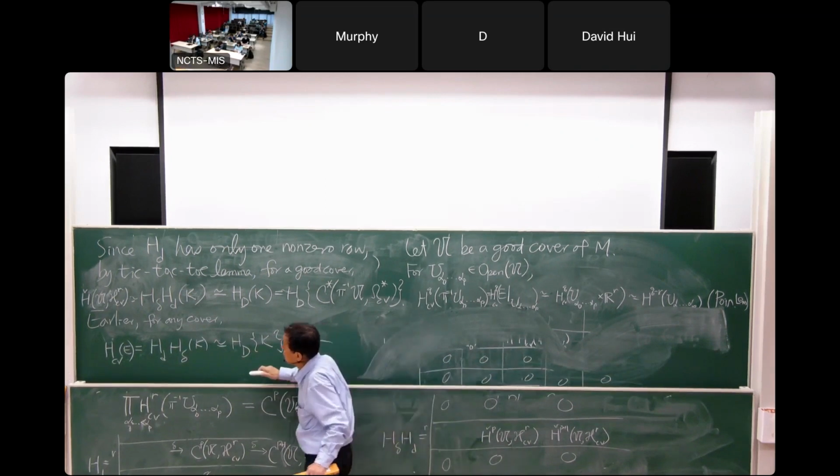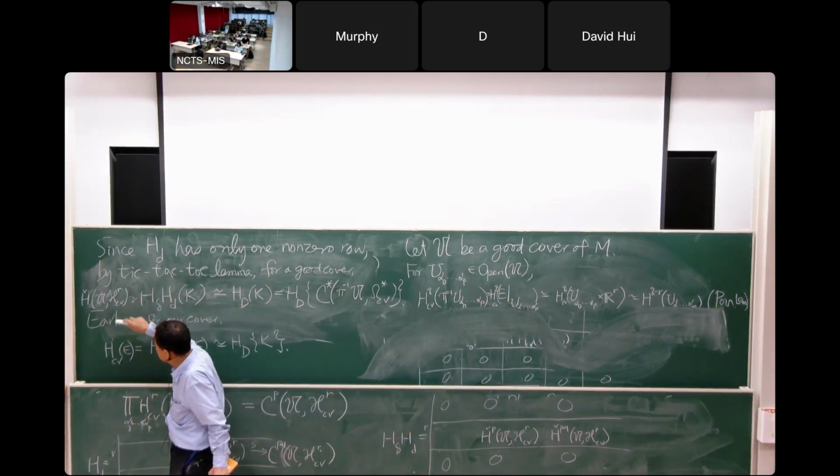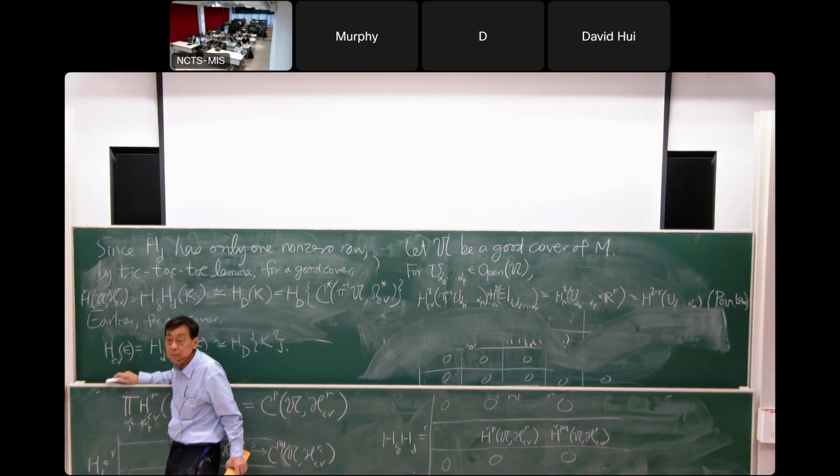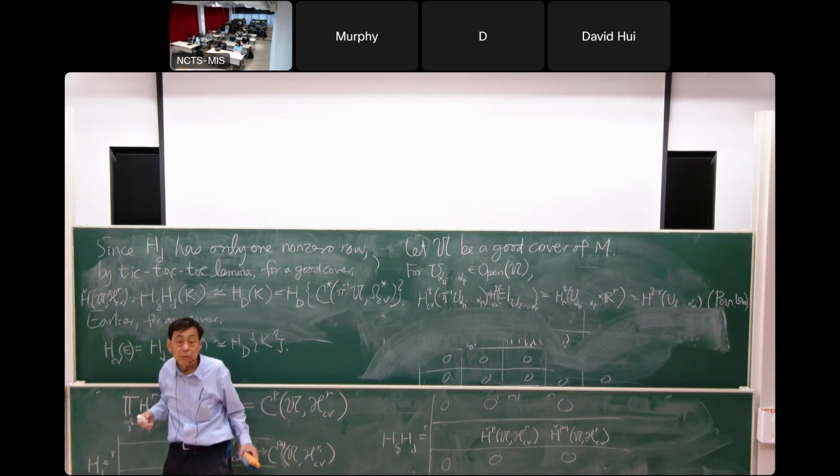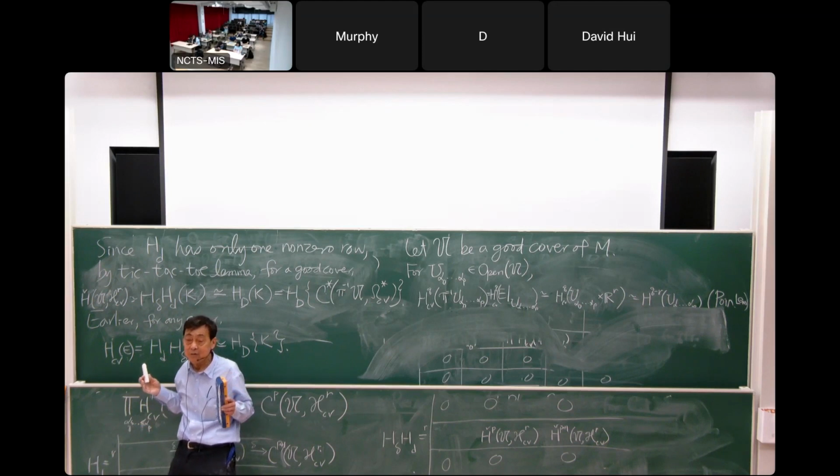And so for a good cover, we get an isomorphism between cohomology with compact vertical support and Čech cohomology. Okay? And that's the Thom isomorphism theorem. So notice that we haven't assumed that E is orientable.